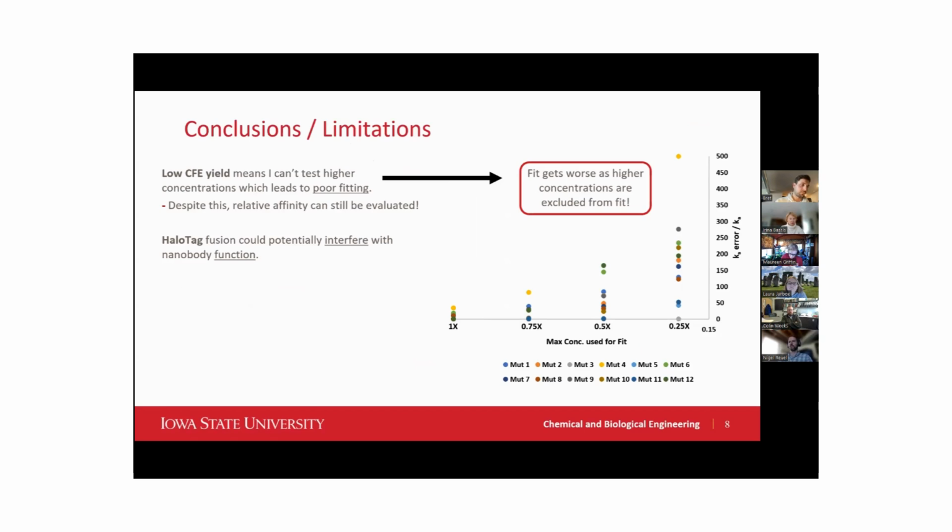If we're getting relatively low cell-free yields compared to the KD value, that limits us so that we're not able to test those higher concentrations. I can see this in the data I've collected, shown in the graph on the right: as I exclude higher concentrations from the kinetic fit, the associated error goes up significantly.